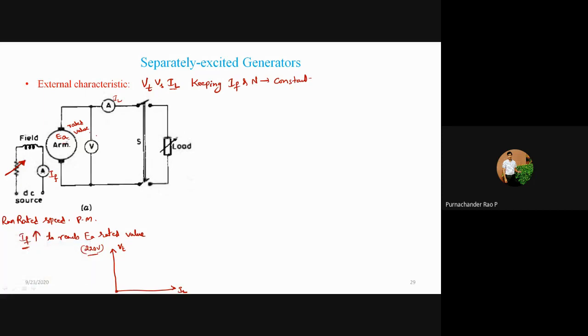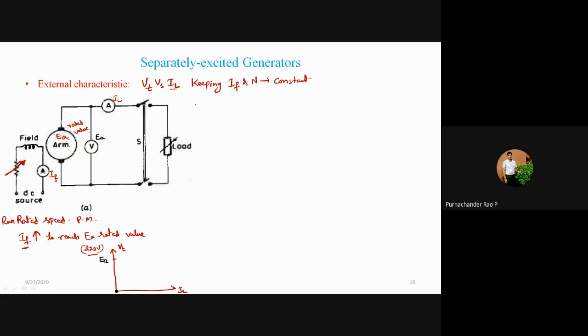So the load current is zero, but there is a certain amount of terminal voltage, VT equal to EA, because you can measure the generated voltage EA directly. Because no load is connected, the terminal voltage is equal to your generated voltage.